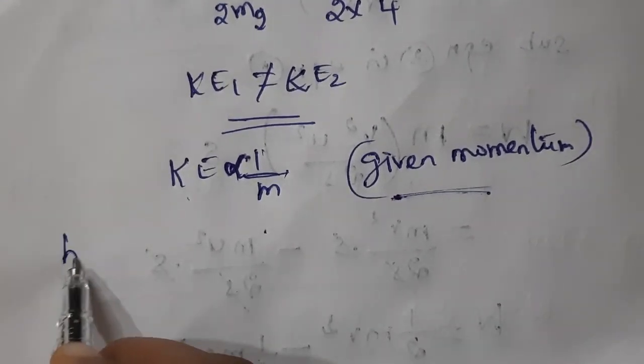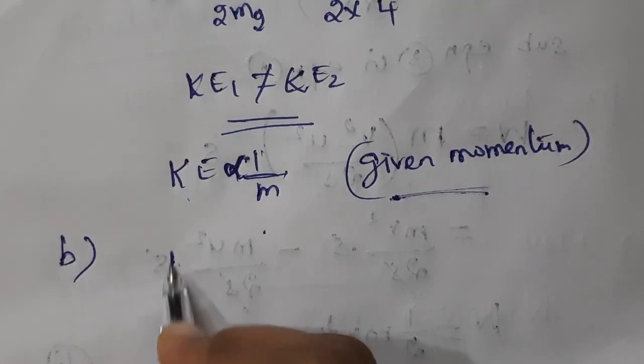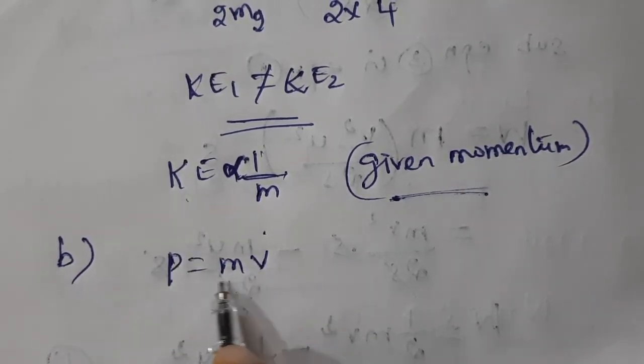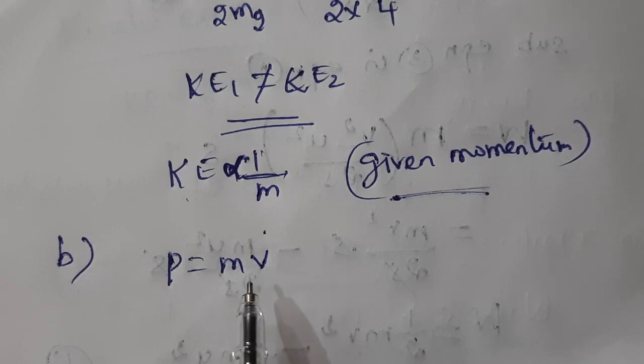What is the second question? Will they have the same speed? As the momentum formula is p equal to m into v, the mass differs. 2 kilogram and 4 kilograms are given.